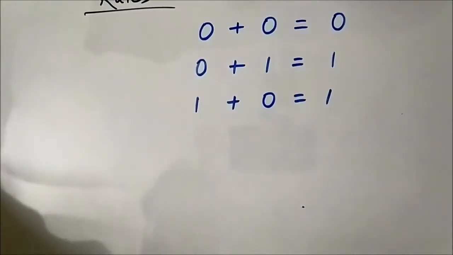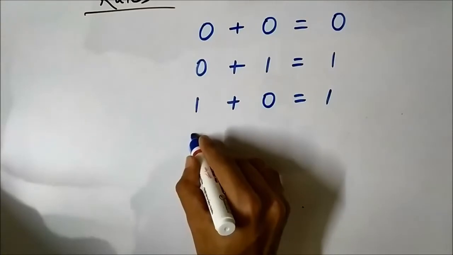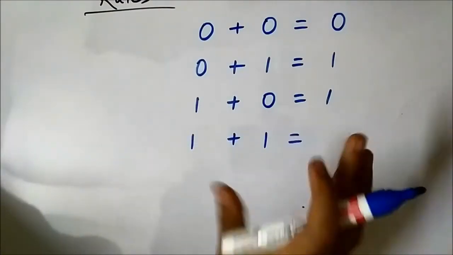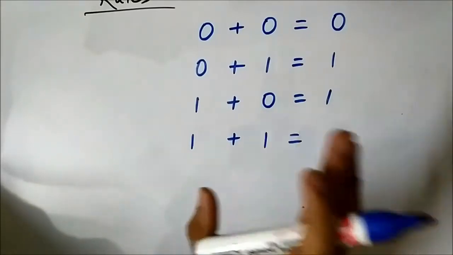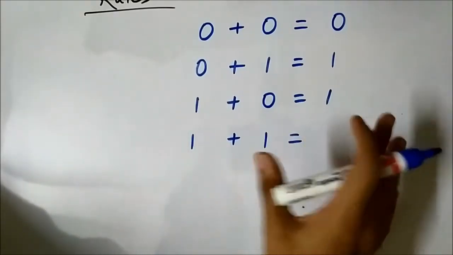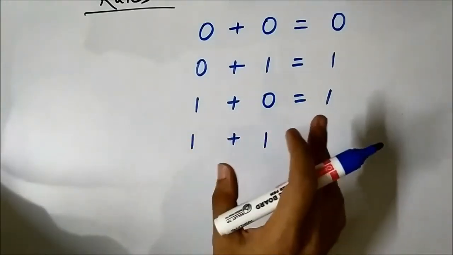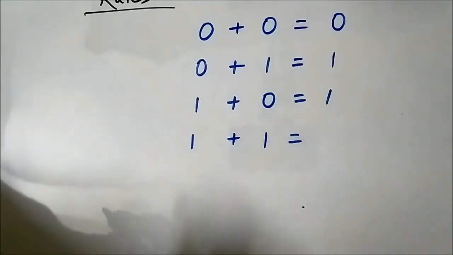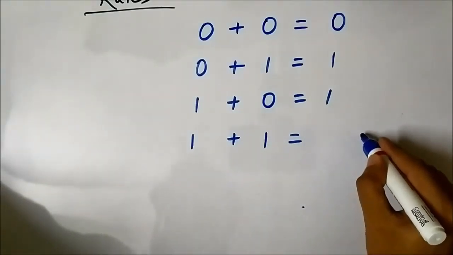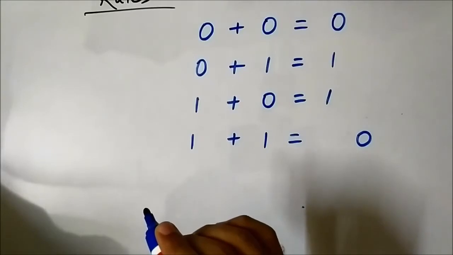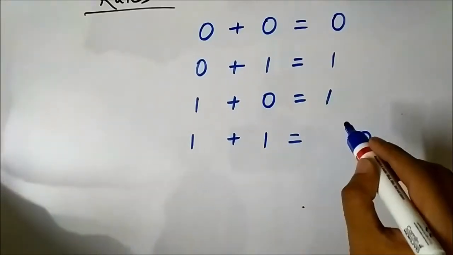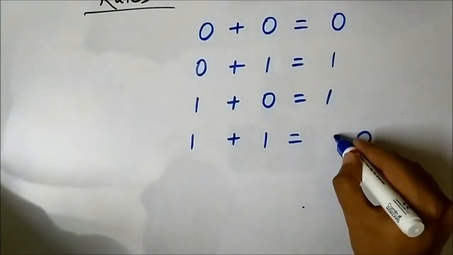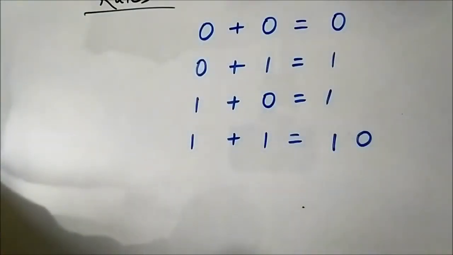Next, the important rule, 1 plus 1. This is the most important rule or property of binary addition. When the two bits involved are 1, then the result will be 0 with a carry generated to the next significant bit, a carry of 1.